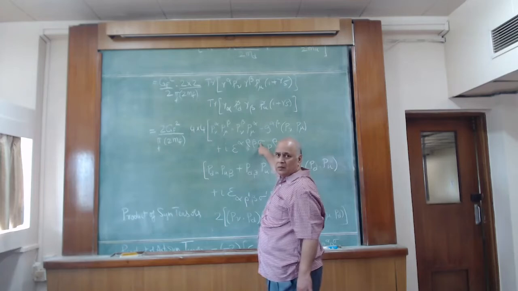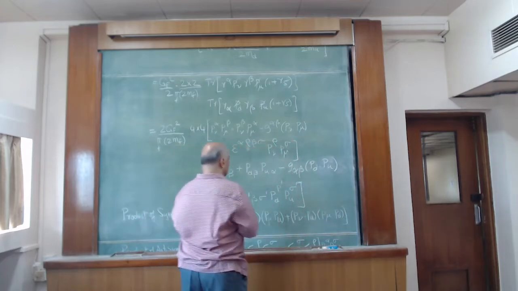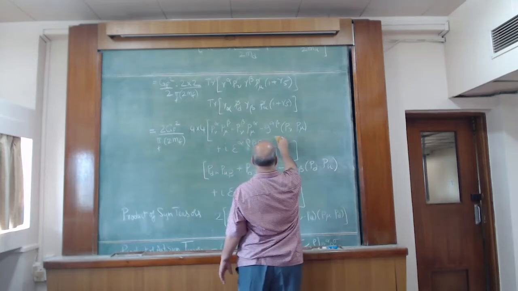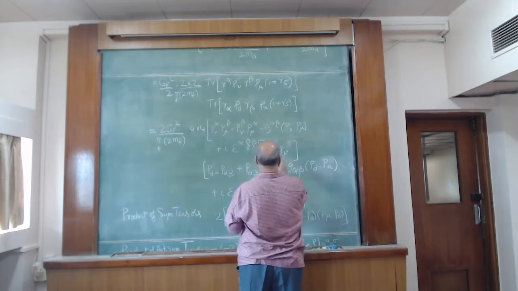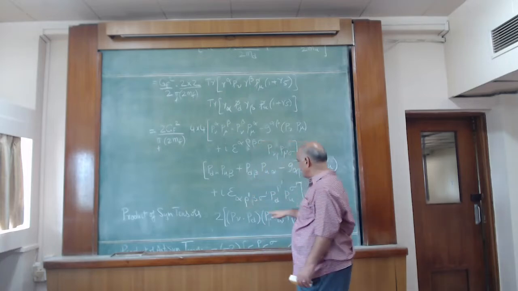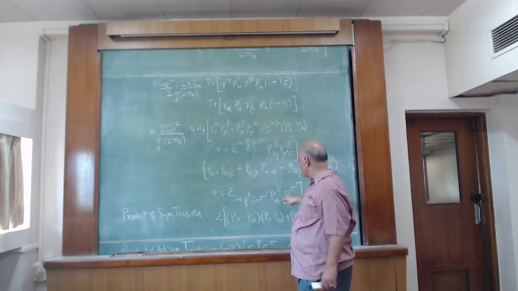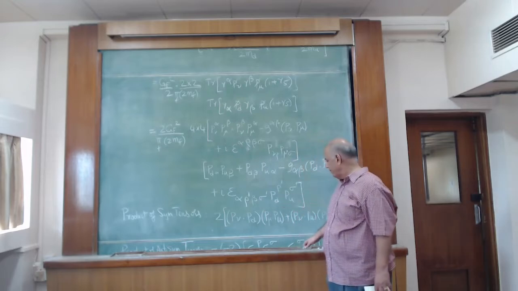Since these are superscripts, this rho and sigma I should have written as subscripts. Whereas here I have written correctly. These are subscripts, so I wrote them as superscripts.